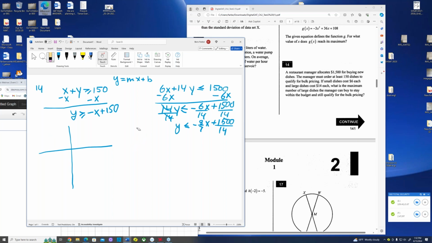Negative x is 45 degrees, through the second and the fourth quadrant.